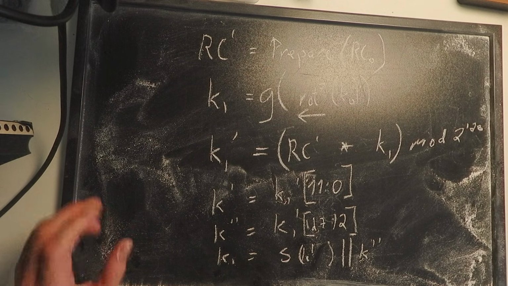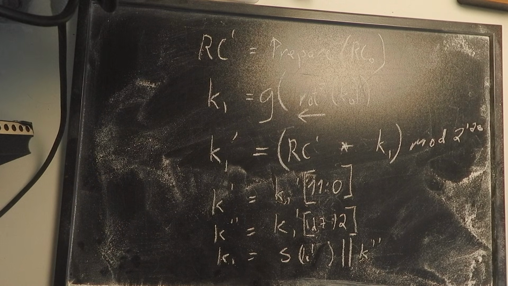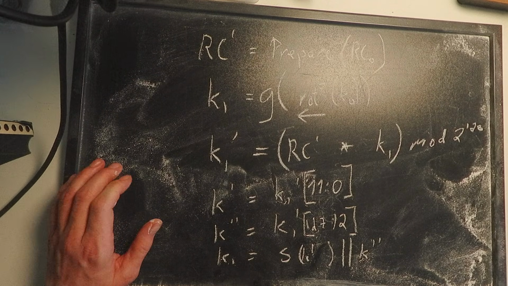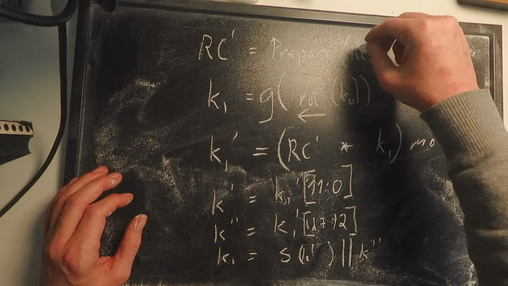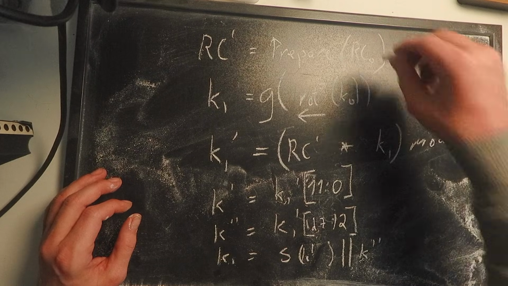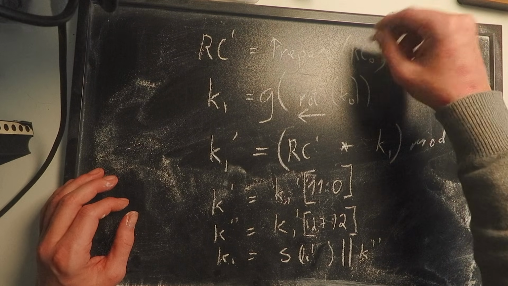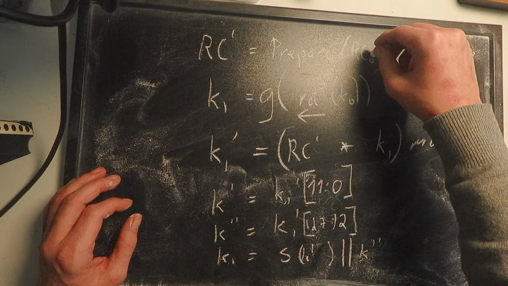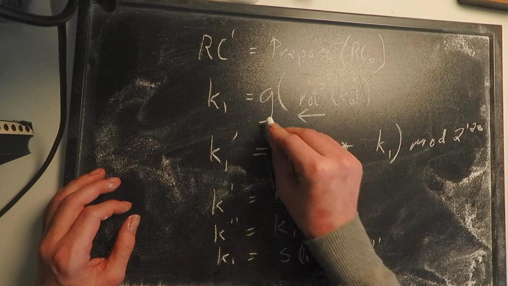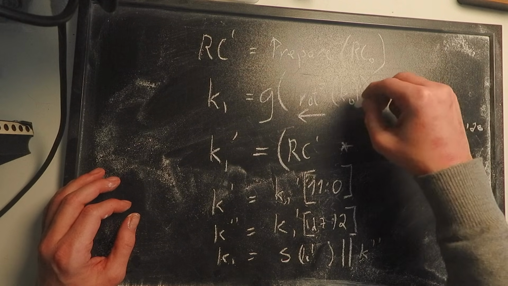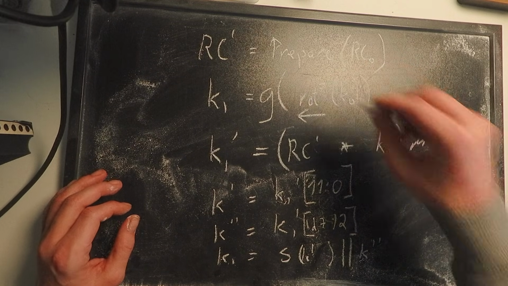Okay, maybe it was easier to understand in the graphical view, but this is the mathematical view. So we prepare the RC0, the round constant, which is just taking it 4 times, appending it to each other. K1 is equal to the G function of the rotated k0, and we rotate to the left 7-bit positions.